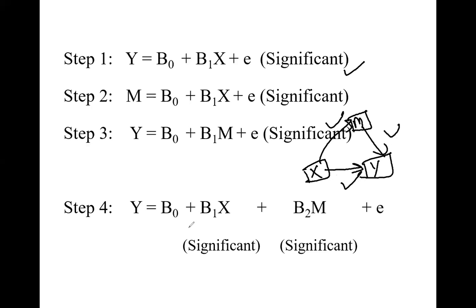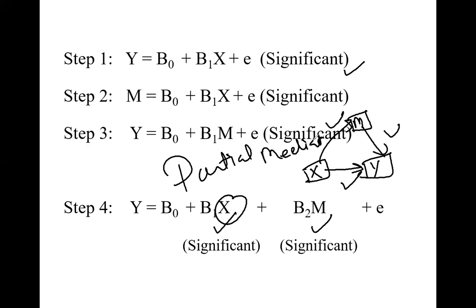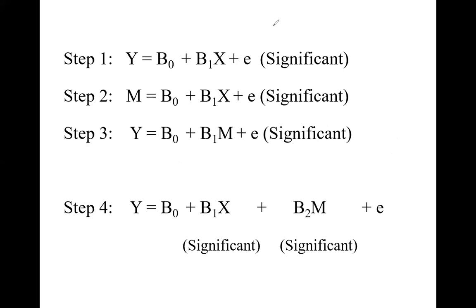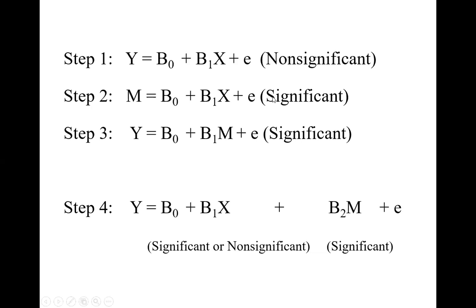And after applying multiple regression analysis, if both the independent and mediator variables are significant, it's a type of partial mediation. It means it is not making this ineffective. Still it is significant, so there is less impact of X. That is why this is known as partial mediation. And the third stage is no mediation.